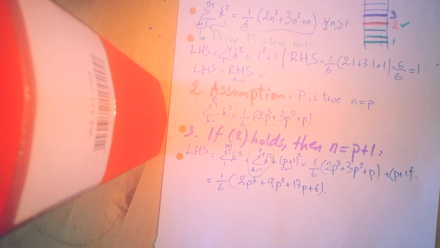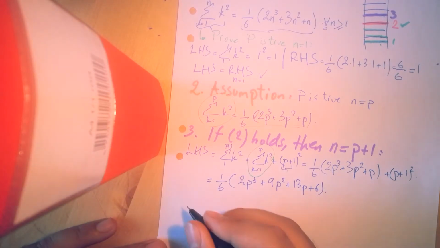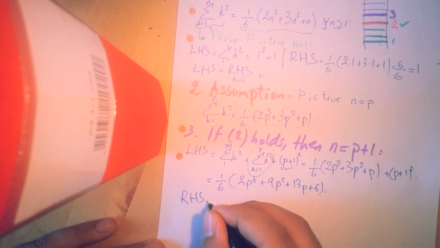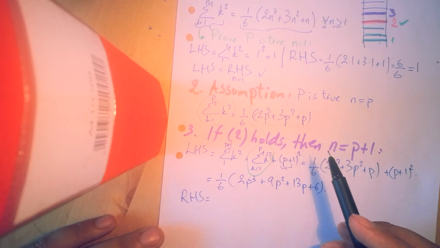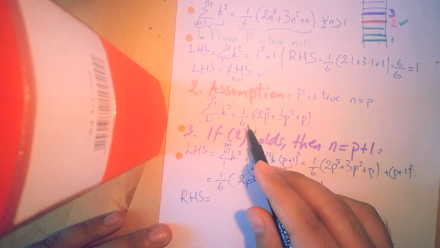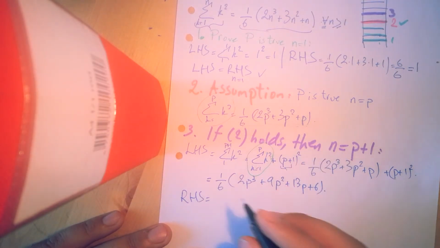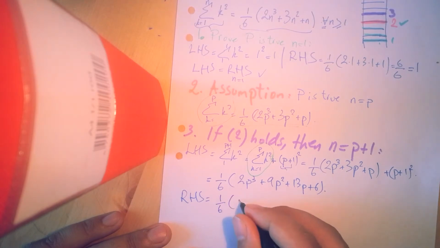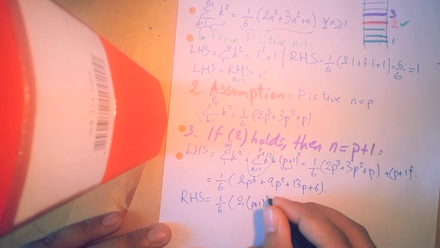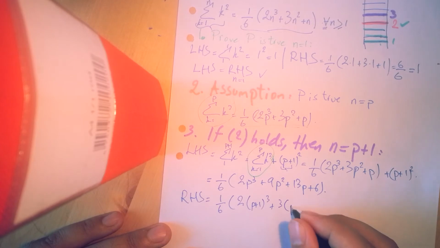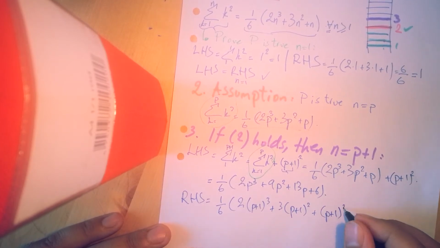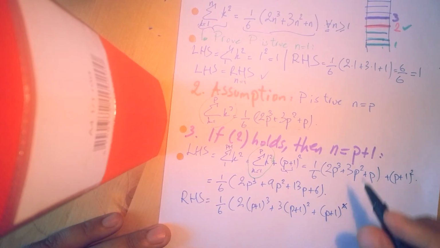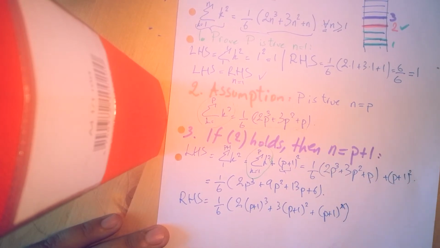Great. Now what we want to do, obviously, is we want to calculate our right-hand side and see if it equals it. So our right-hand side is basically just what we have here, but instead of p, we write p plus 1. So it's just going to be 1 over 6 times 2p plus 1 to the third, plus 3p plus 1 to the second, plus p plus 1, not squared, just p plus 1, because we just had a p there.